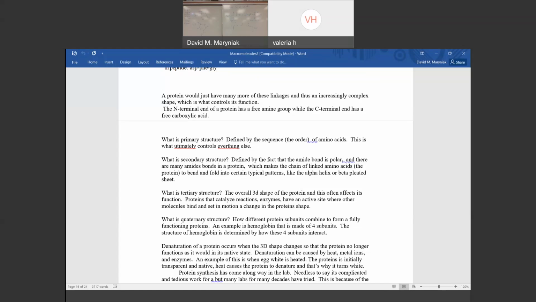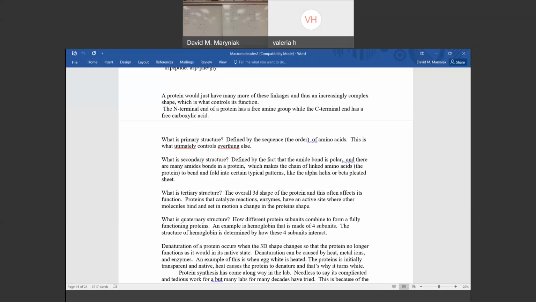So if we've picked up nothing else so far, are the shapes important? Is the tertiary structure, aka the overall three-dimensional shape, really important for the function of a protein?